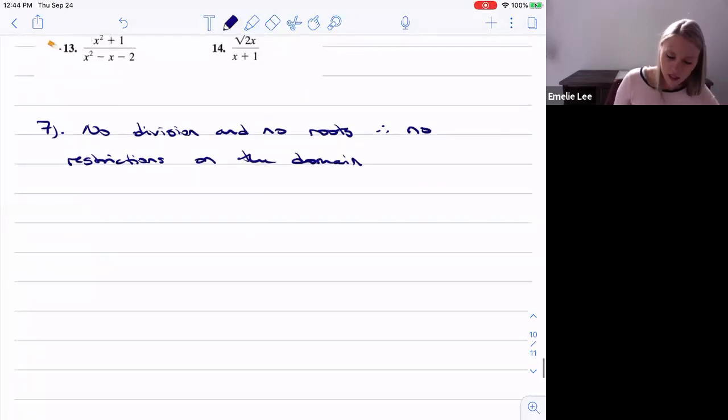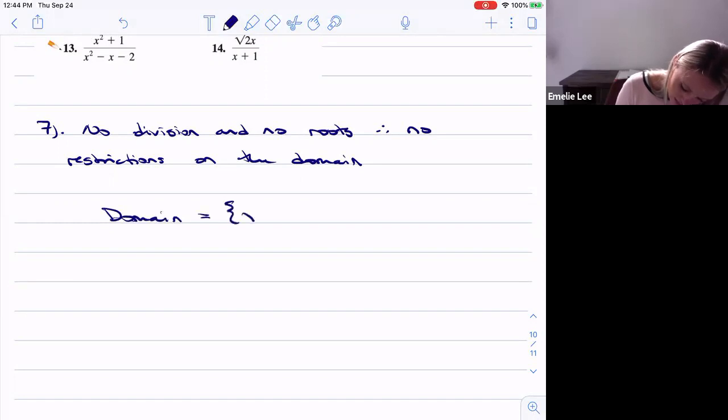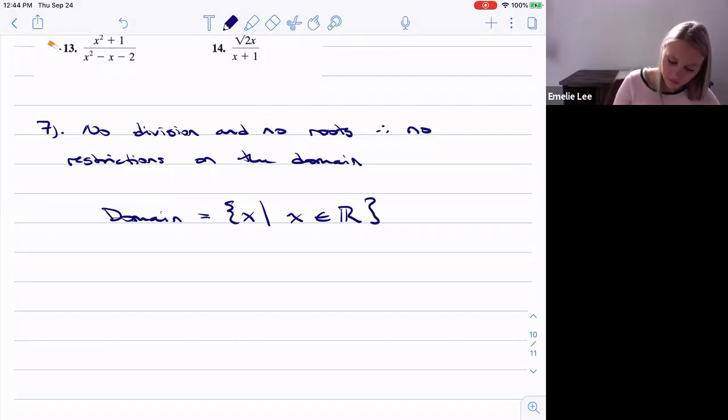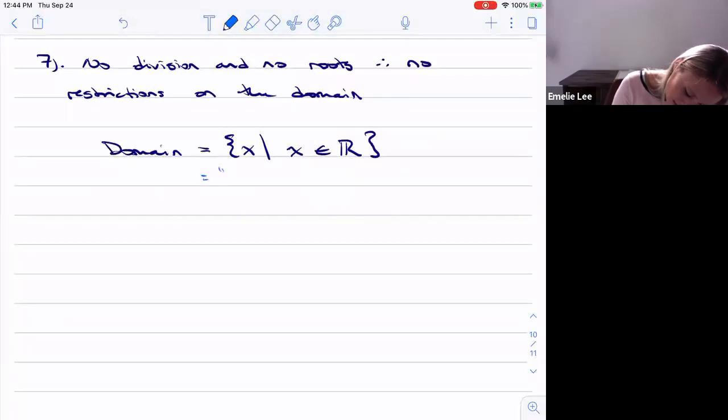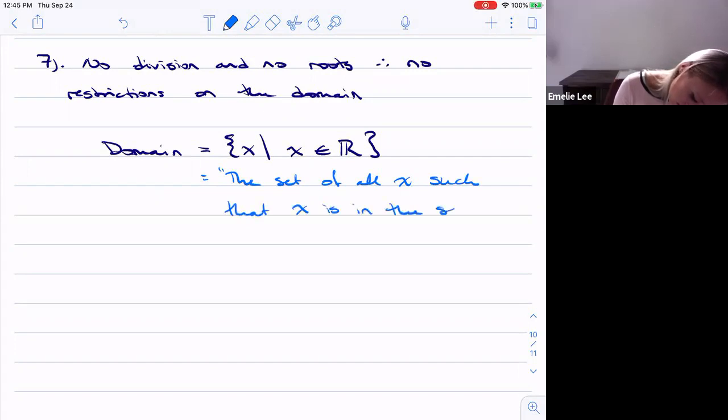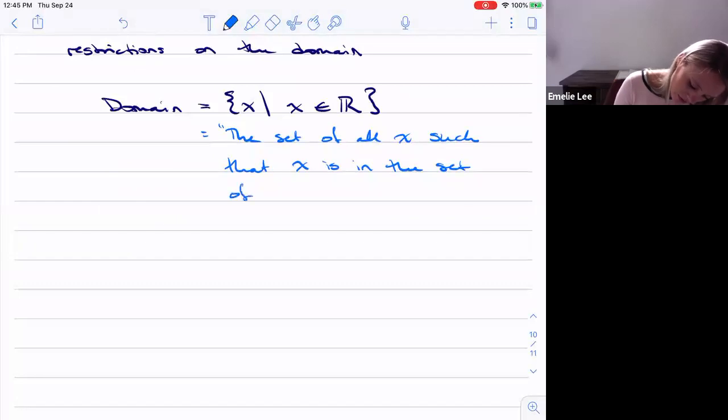So how we write this is we say that the domain is the set of x's such that x is in the set of real numbers. And that's kind of a standard blurb, right? So the domain is the set of all x such that x is in the set of real numbers.